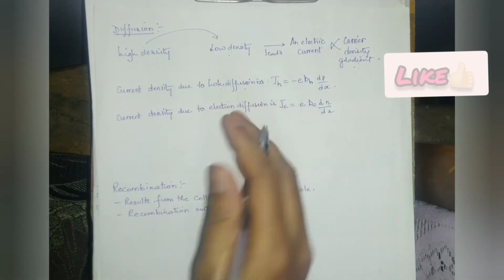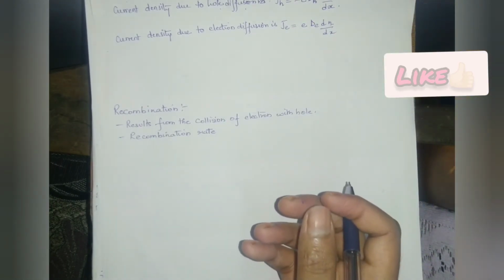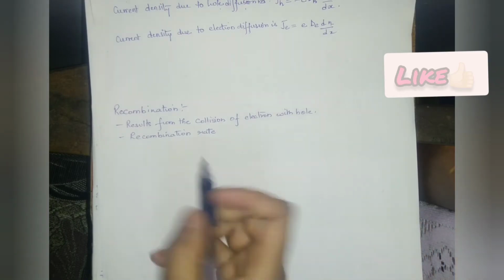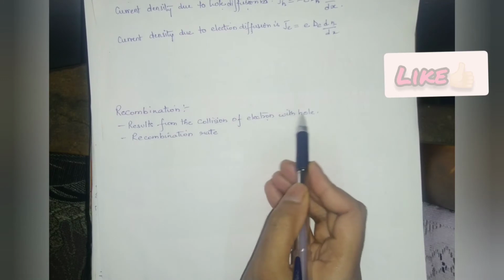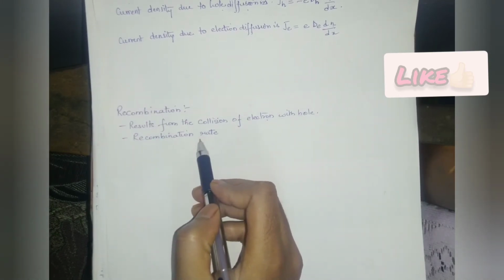Now next we'll look at the recombination, which is the third phenomenon which occurs in the semiconductor. This results because of the collision of the electron with a hole, and the recombination rate is directly proportional to the carrier concentration.